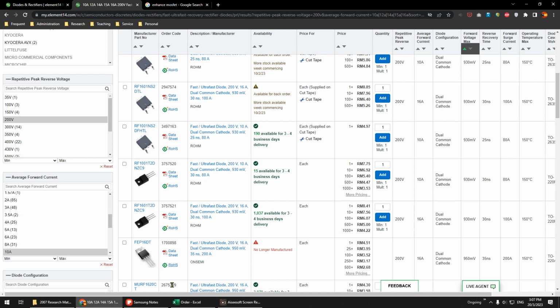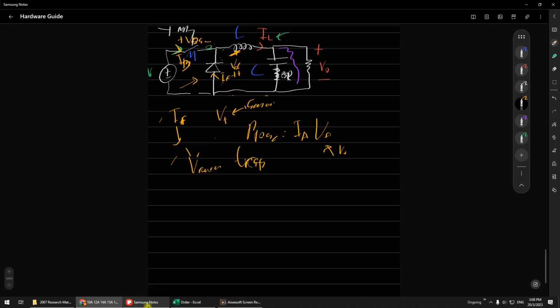Usually for reverse recovery, I suggest 1 per 100. How to calculate it? The reverse recovery time I suggest is less than about 1 over the switching frequency, 1 over fs, divided by 100.